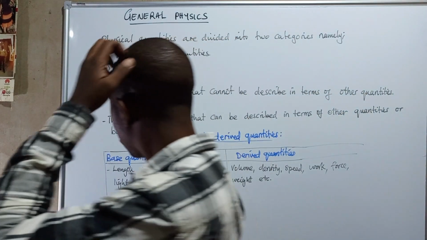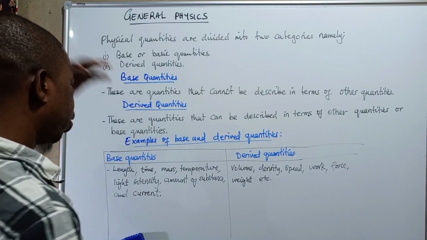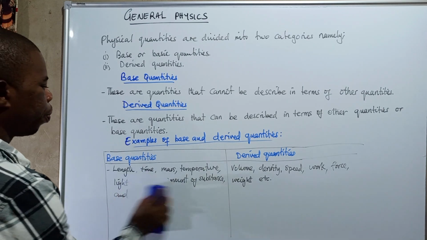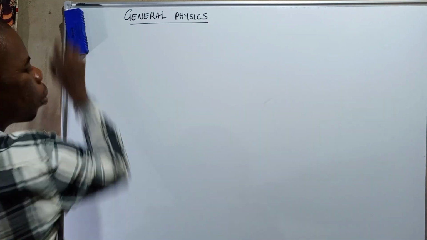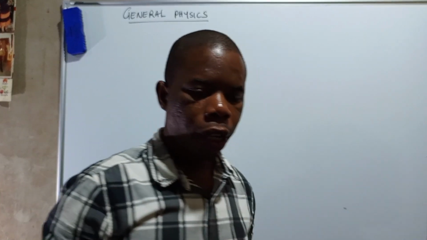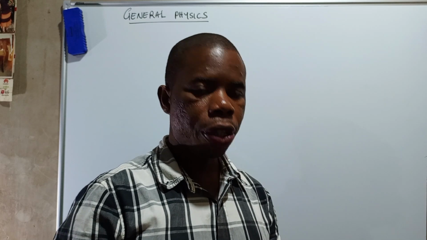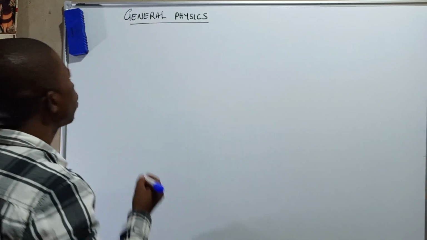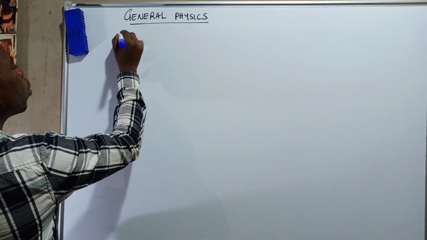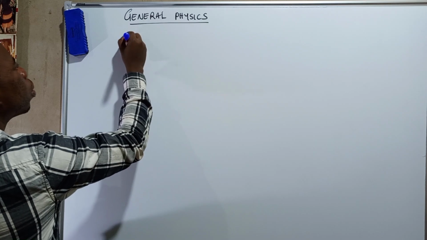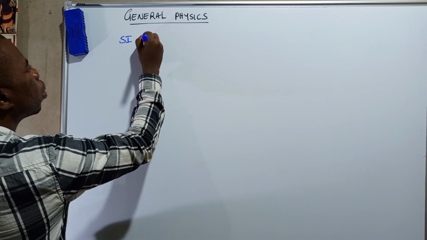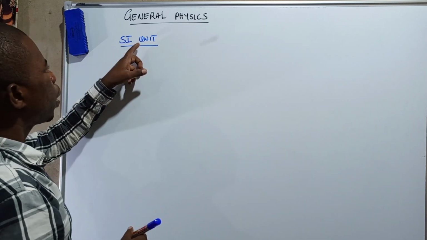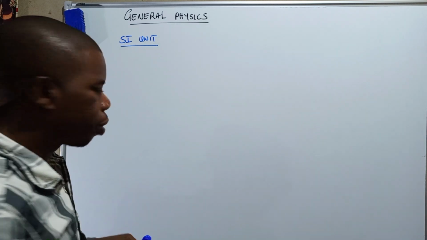Okay, so now let's look at what we call SI units. All right, so in physics, it's very, very important that you understand this concept which is known as units or SI unit. So before we look at SI, we need to look at this word unit.